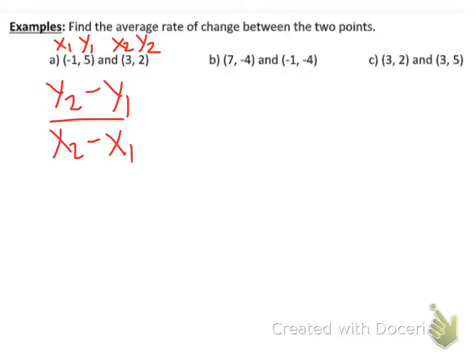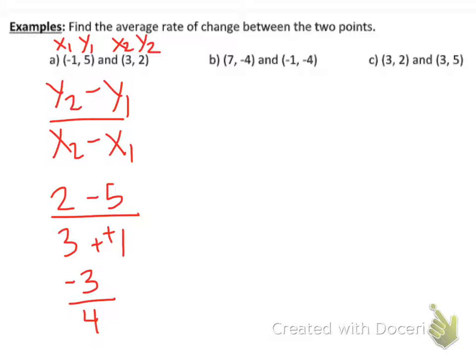So here I would plug my numbers in. So I have 2 minus 5 over 3 minus negative 1. In the numerator, 2 minus 5 is negative 3. In the denominator, that double negative turns it to a plus, and I get negative 3 over 4. So that's the more traditional way using a formula.